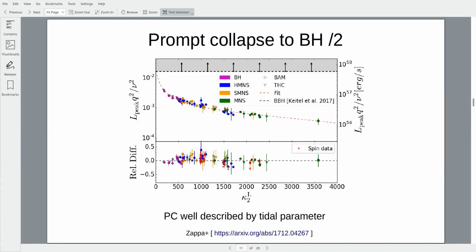The physical intuition behind this model is that the tidal parameter gives you a measure of the binary compactness, and so the more compact, the closer you are to black hole formation.